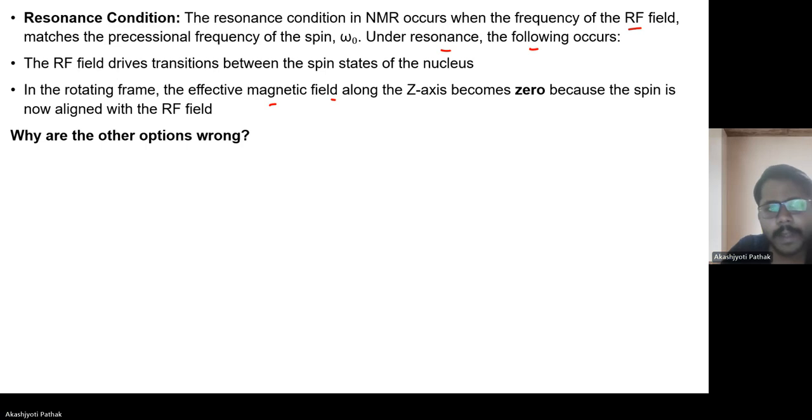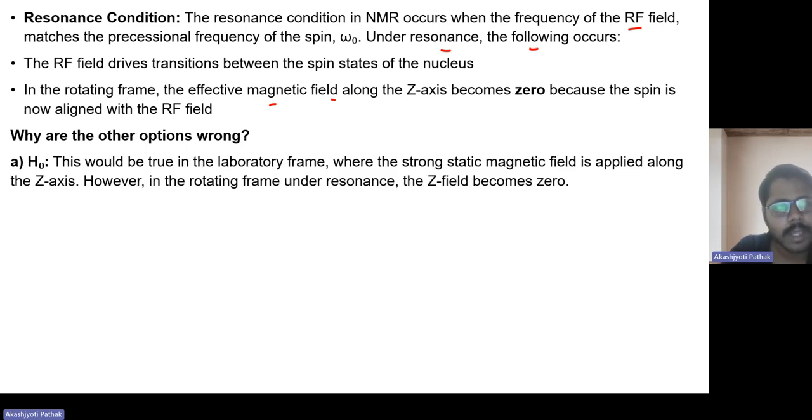Now, let's look at the other options. H naught would have been true in the laboratory frame, where the strong static magnetic field is applied along the z-axis. However, in the rotating frame under resonance, this z field becomes zero. So this is wrong.